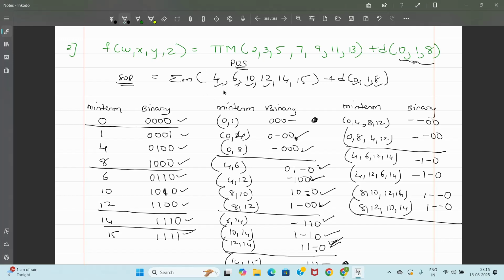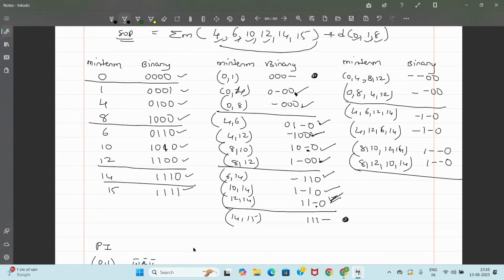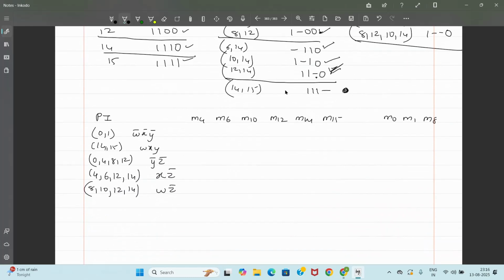That is, you will have to write this one. So it will be M4, M6, M10, M12, 14, 15. And the don't care terms M0, M1, M8. I'm separating these two sections.